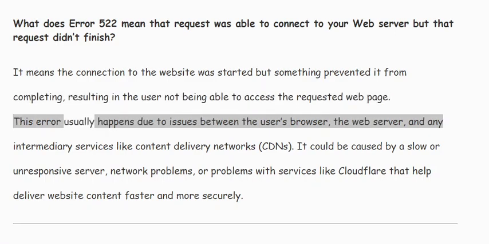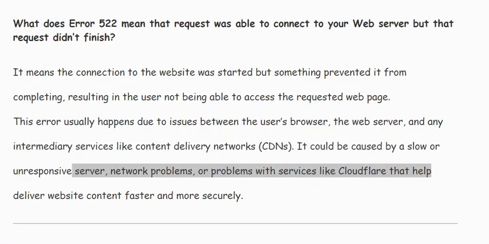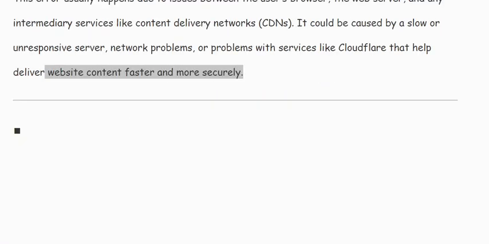This error usually happens due to issues between the user's browser, the web server, and any intermediary services like content delivery networks, CDNs. It could be caused by a slow or unresponsive server, network problems, or problems with services like Cloudflare that help deliver website content faster and more securely.